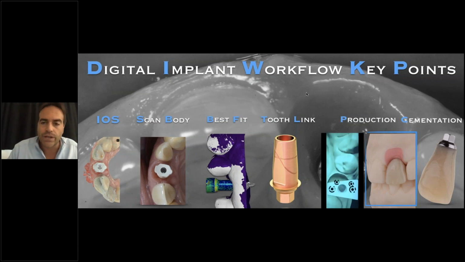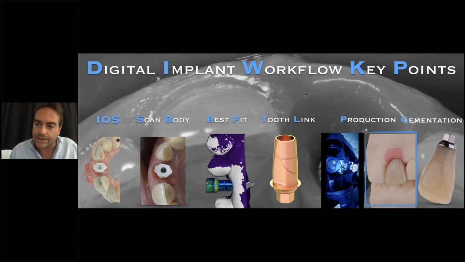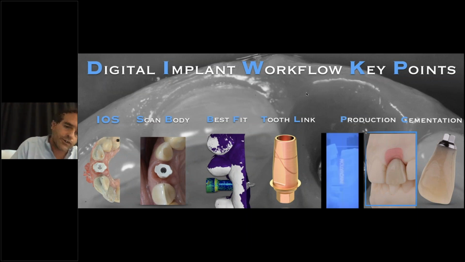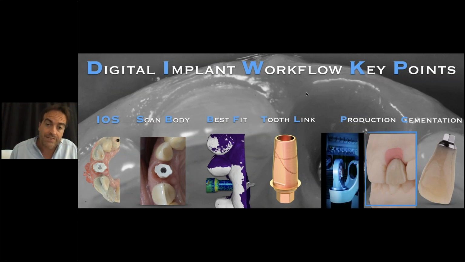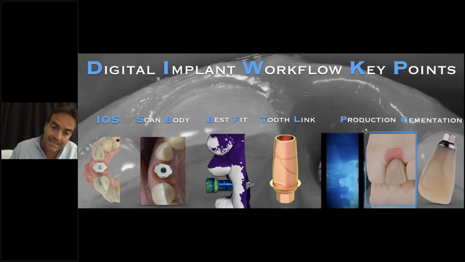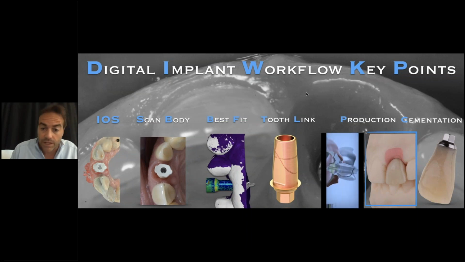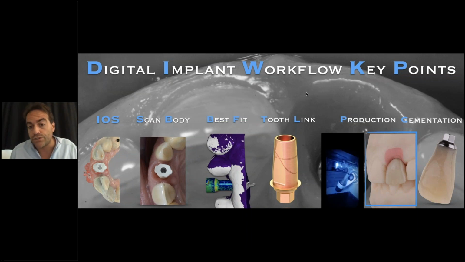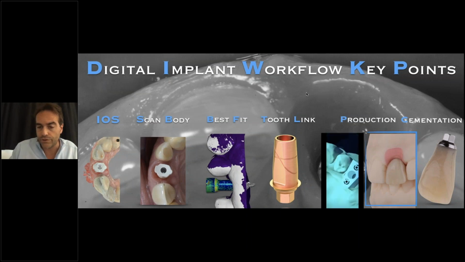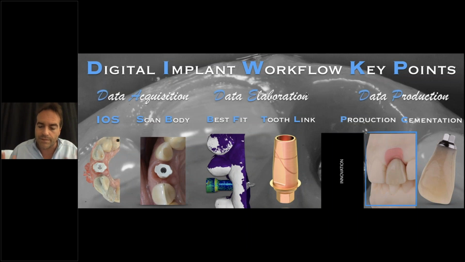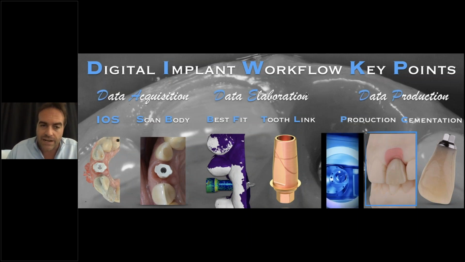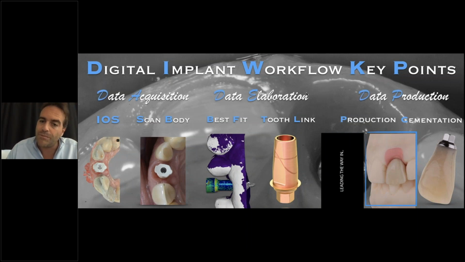You see that here we have 7 different steps, starting from the intraoral scanning, passing through the scan body, passing through the best fit done in the CAD software, passing to the knowledge of the tooth link, passing then to the production phase, the cementation of the tooth link, to the final restoration. So we have 7 steps that you can classify, guess what, in 3 main steps.